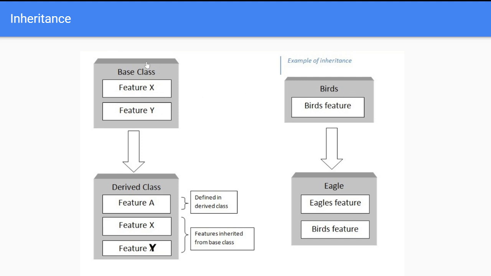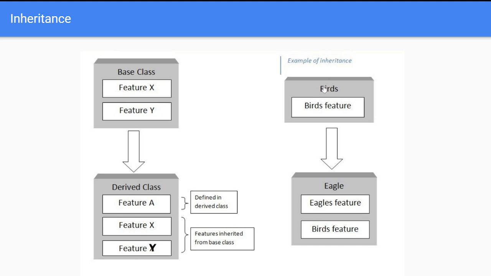Again, this base class is defined with features X and Y, which are common to whatever, let's say for automotive or for planes or for any other kind of class. And this is the derived class, and the derived class gets the features X and Y, as you can see here, but it can add on other features to further enhance the functionality of the derived class. Okay, so that's what it is.